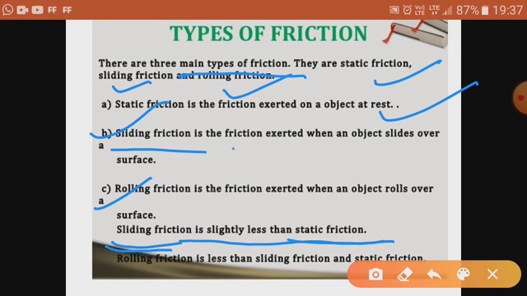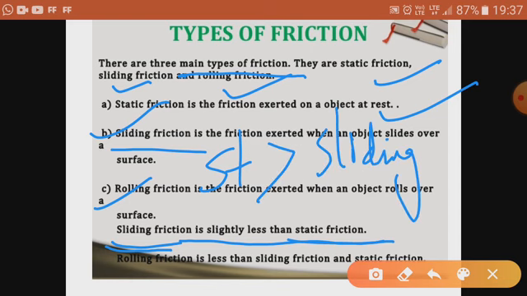As I told you, static is the highest, then comes sliding, and the least friction is found in rolling friction, because the two bodies in contact roll over each other, and rolling is much easier. At that time there is less chance of interlocking of the irregularities between the surfaces.